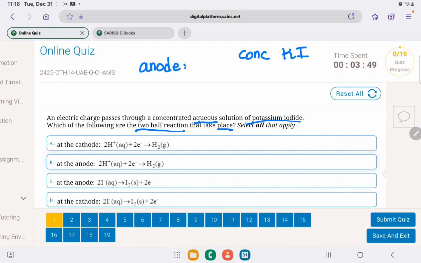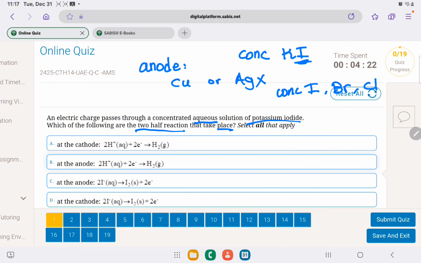The first question is, is the anode made of Cu or Ag? Did they say that it's made of Cu or Ag? No, so we're going to ignore that. Now we ask, is it made of concentrated I, Br, or Cl? Here they told us it's concentrated KI, so K and I are concentrated, so iodide is concentrated, so that's correct.